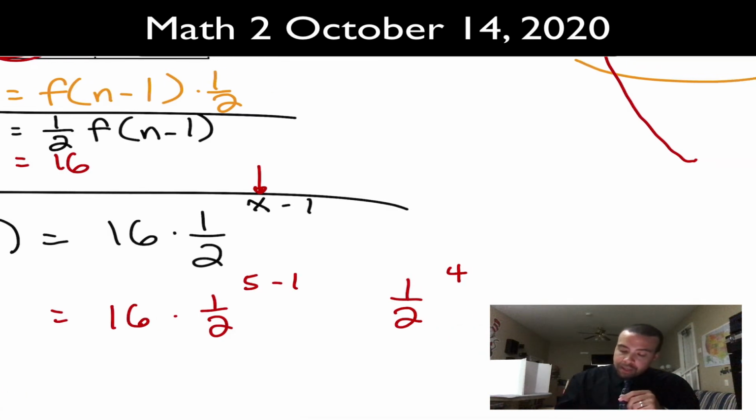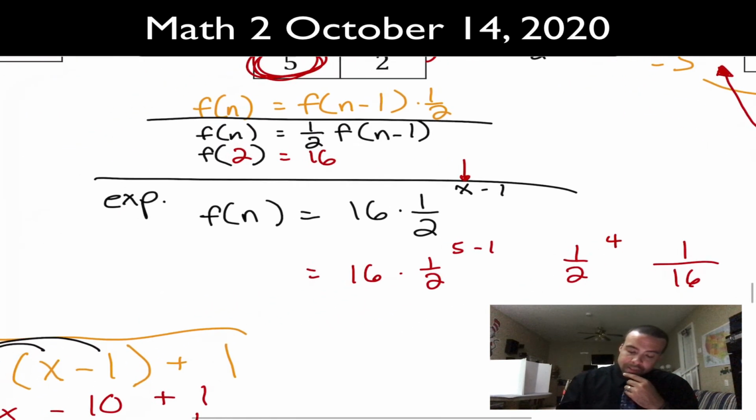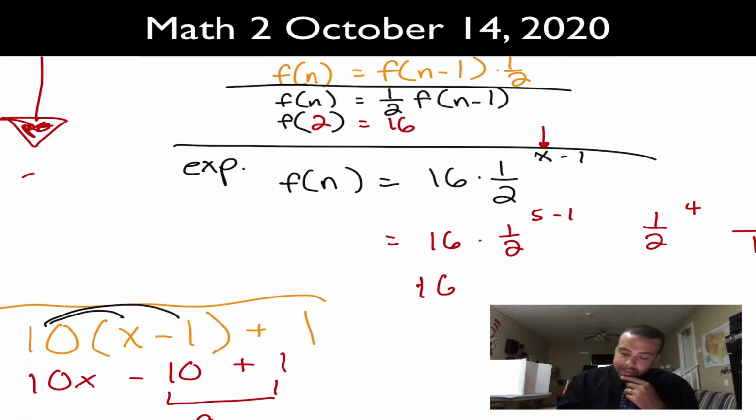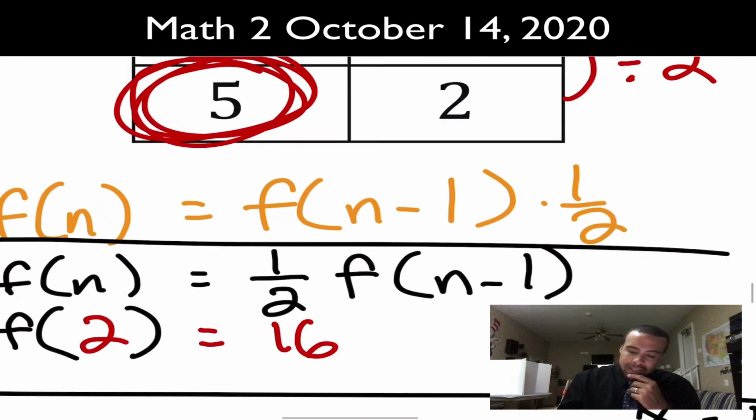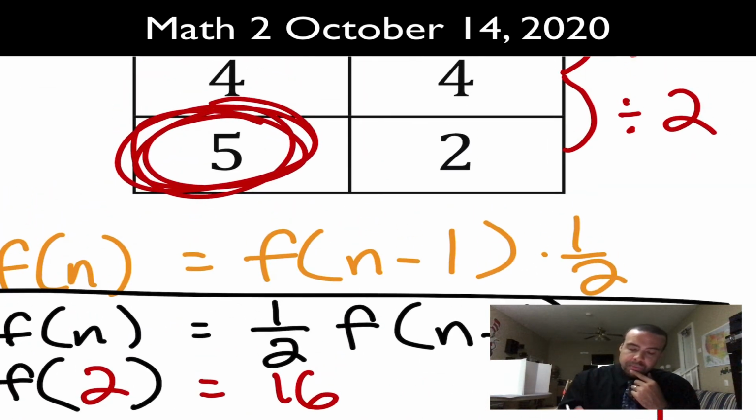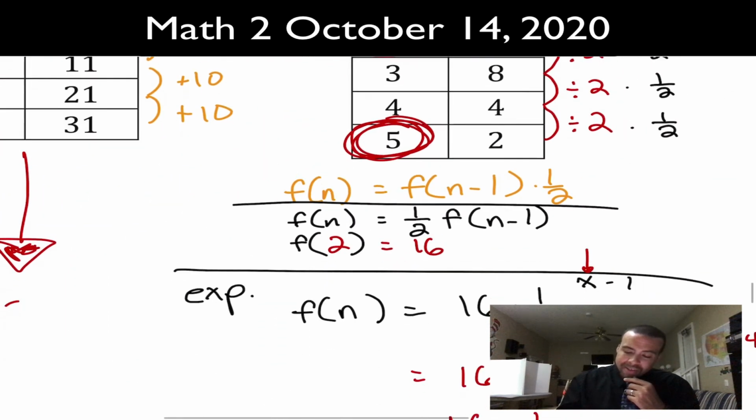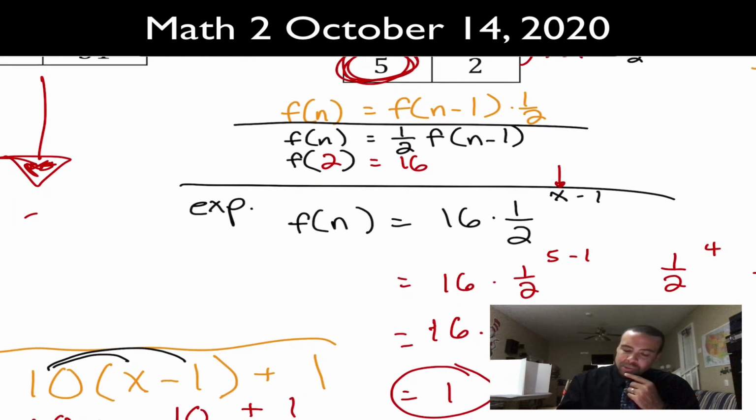So that would give me 1 over 2 times 2 is 4, times 2 is 8, times 2 is 16. So I have 1/16. So now I'm doing 16 times 1/16. And you guys know from those multiplicative inverses that this output is 1, but the output should have been 2. So the x minus 1 doesn't work. Let's try a different number.